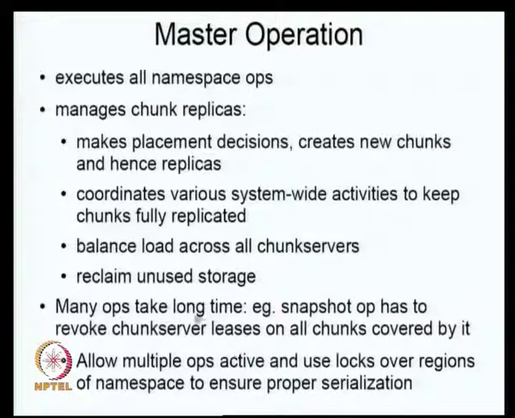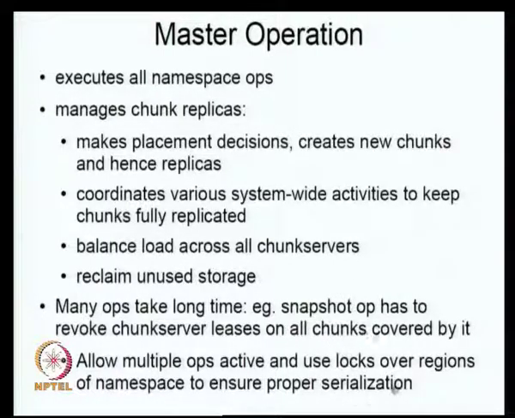For example, a snapshot takes a long time, and it has to revoke all the leases. It will take some time. So, for concurrency, you need to ensure that other parties not connected with the snapshot operation are able to proceed, but you should be able to stop those who are encroaching on the part the snapshot is working on.